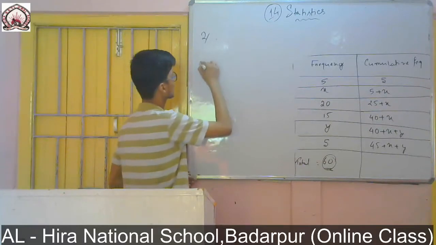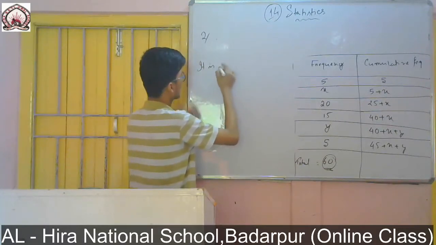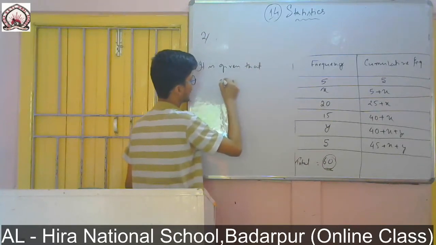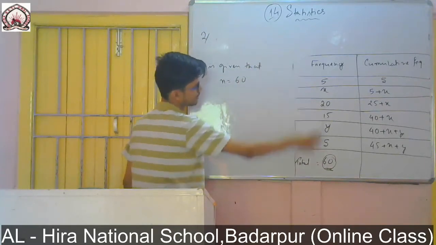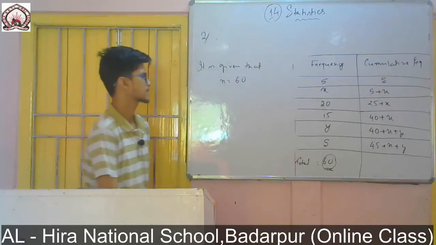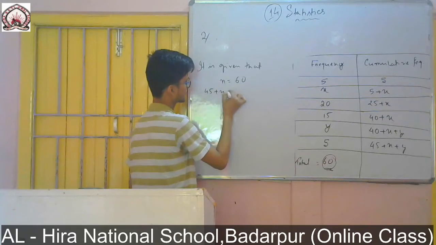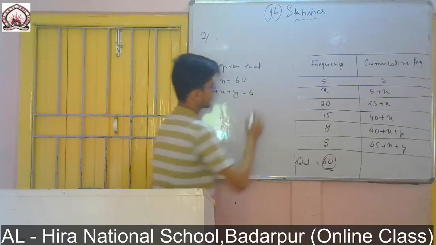Okay, let me write it here because I need the table. It is given that n is equal to 60, that means the total frequency is 60. Therefore I can write 45 plus x plus y is equal to 60.